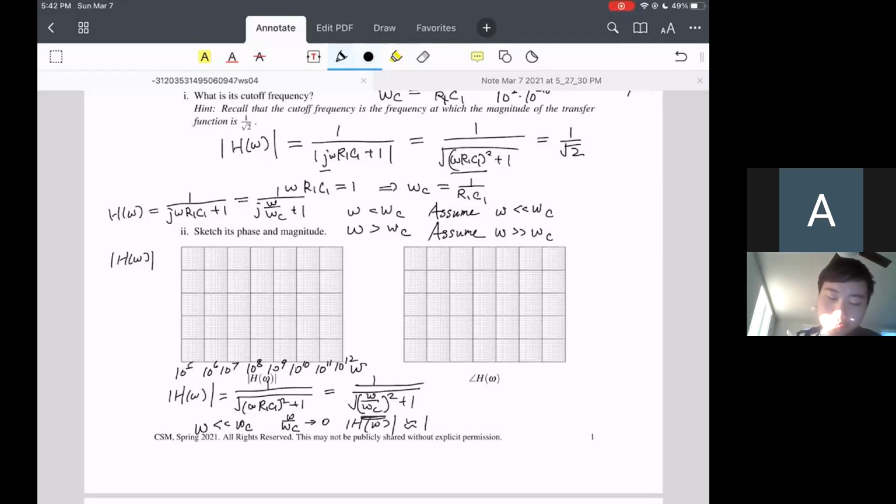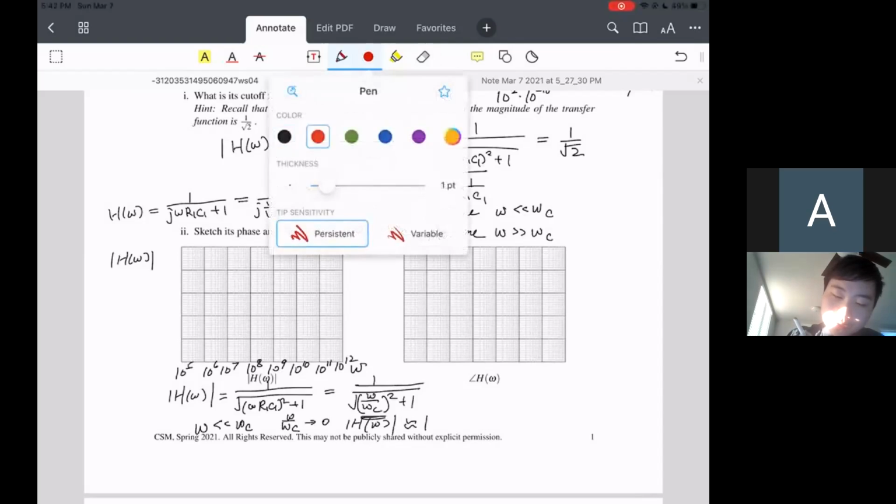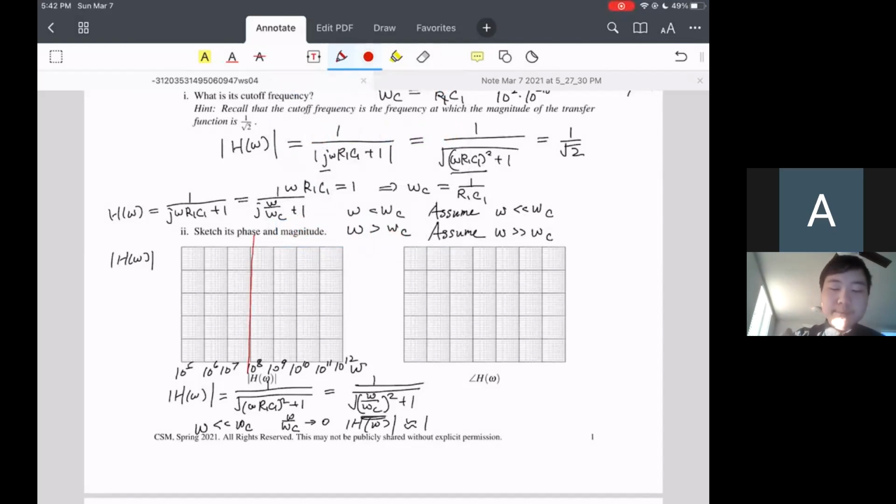So for the part where omega is less than omega c, we just say that h of omega is approximately 1. Since we're doing a log scale, we're going to be putting 10 to the 0 on the very top, and then down in that order: 10 to the negative 1, 10 to the negative 2, 10 to the negative 3, 10 to the negative 4, 10 to the negative 5th.